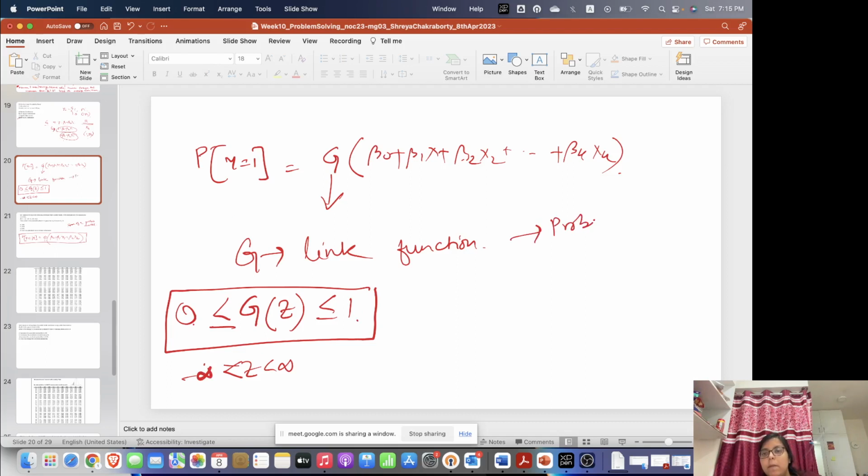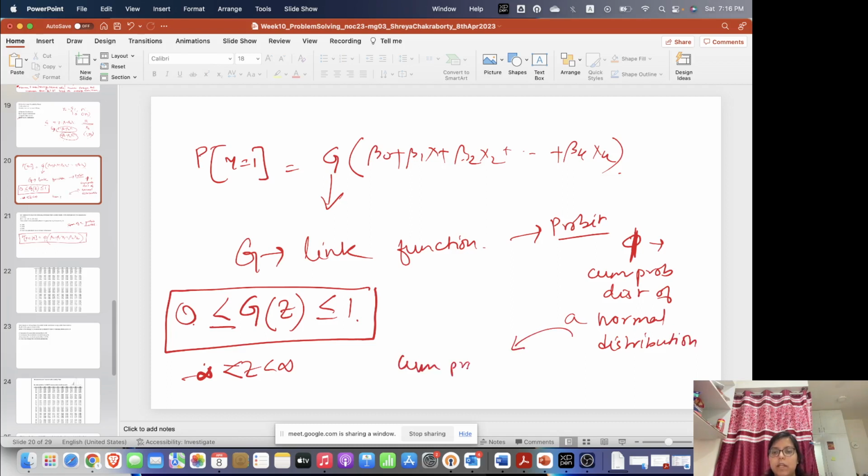For probit we would have phi, which is the cumulative probability distribution of a normal distribution, and instead of normal, if we have a cumulative probability distribution of a logistic distribution, then we would have a logit model.